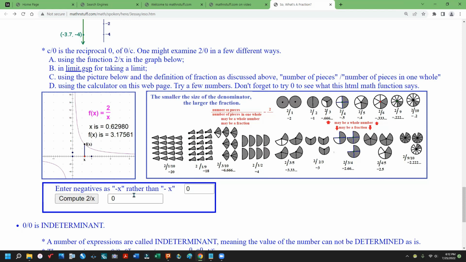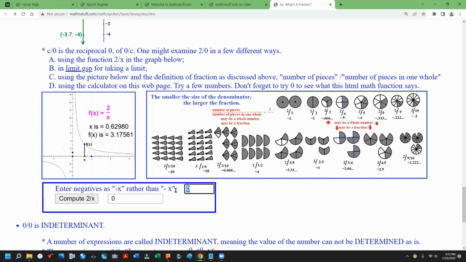Here's a calculator. If you wish, you may input some number for the size of the denominator, the number of pieces in one whole.